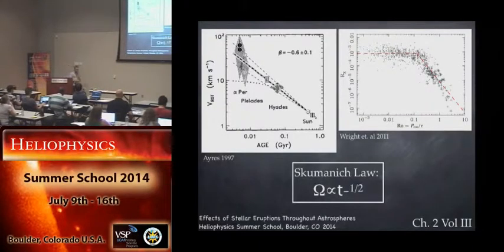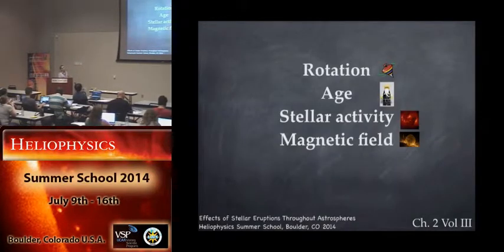We're already seeing these plots that show that there's a relation between the rotation of the star and the age and also the stellar activity here on the right. This is a function of the Rossby number, which is a representation of the stellar rotation. So in general, we do know about stellar relations between the rotation, the age, the stellar activity, and magnetic fields.